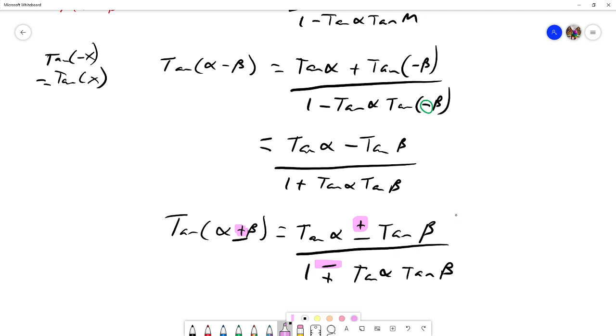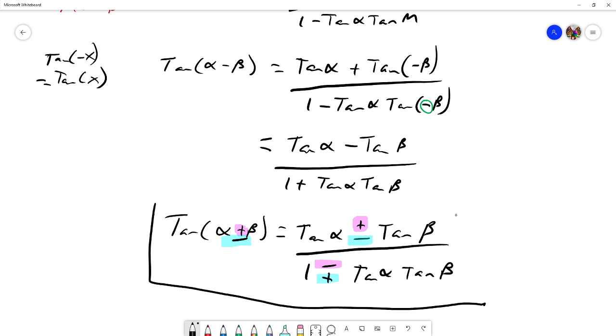And when you have the tangent of two angles being subtracted from each other, then you would use the signs I just highlighted in blue. Okay? So that's what that notation is getting at. It's just a nice, more succinct way of expressing these identities without having to write all that twice. And with that, we have discovered our addition subtraction identities for tangent.